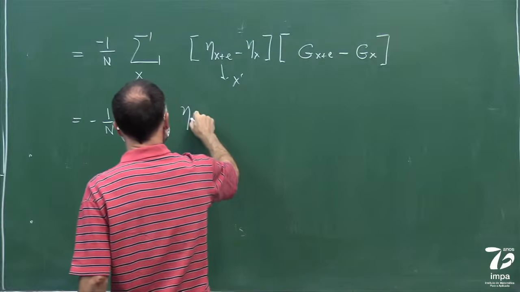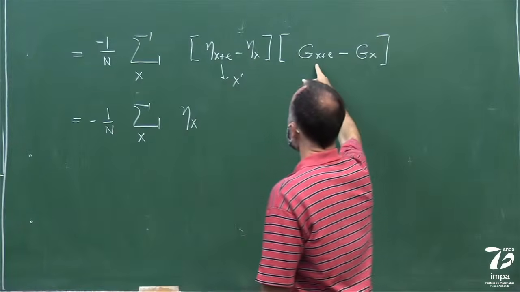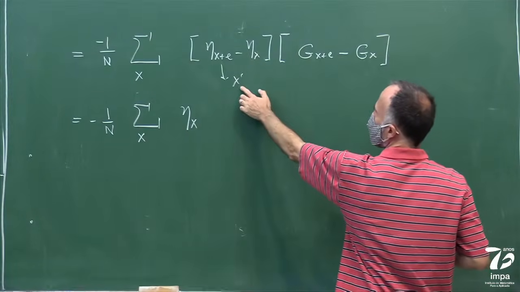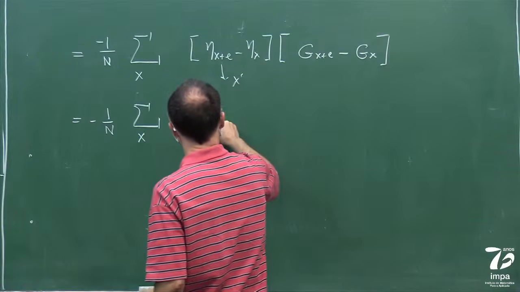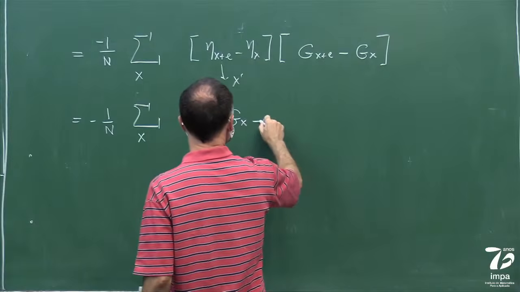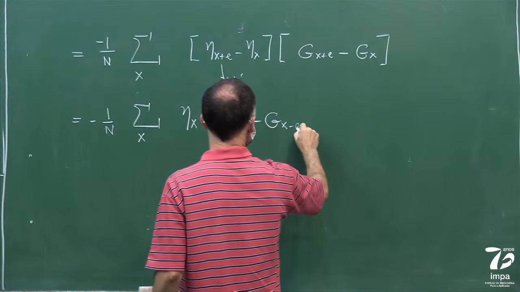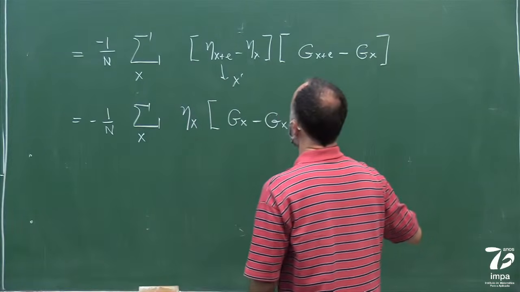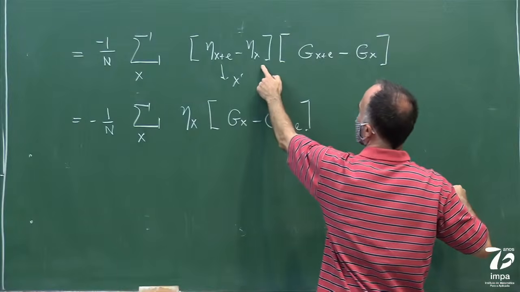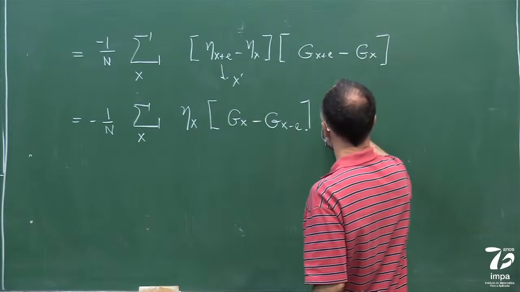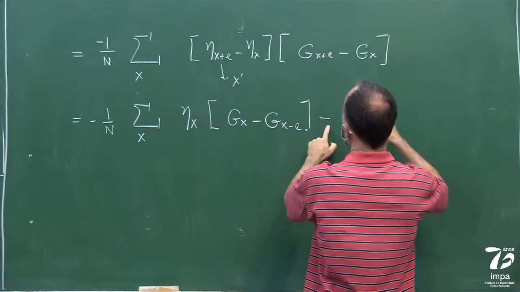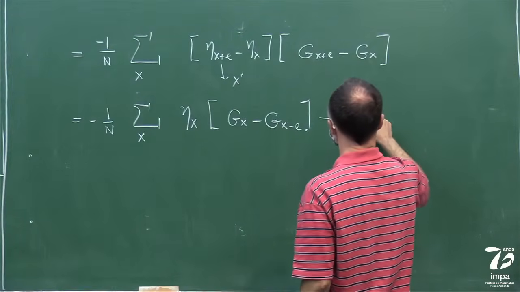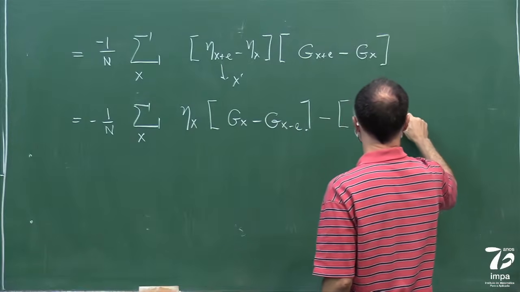So this becomes eta x. But this one, x plus e becomes x, and x becomes x minus e. And then I have the second term, but this one I don't change because I have eta x. So this gives me eta x with a minus sign, g x plus e minus g x.